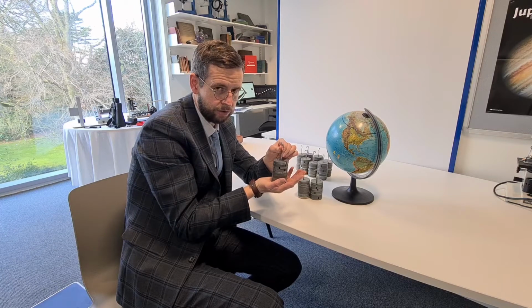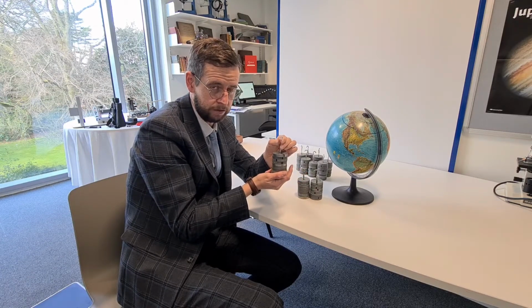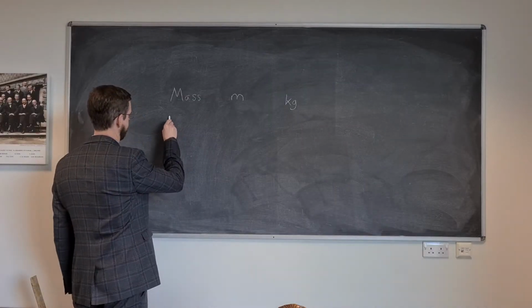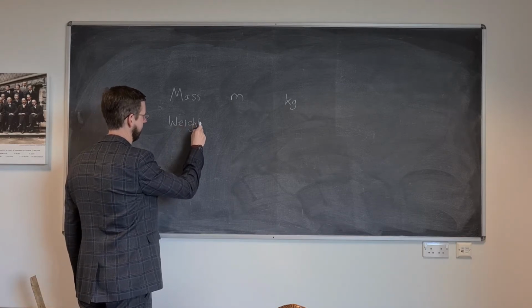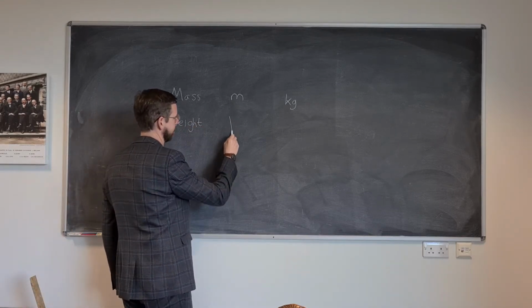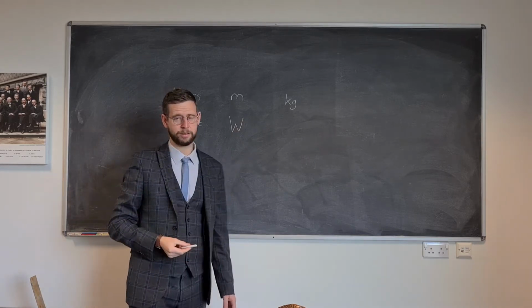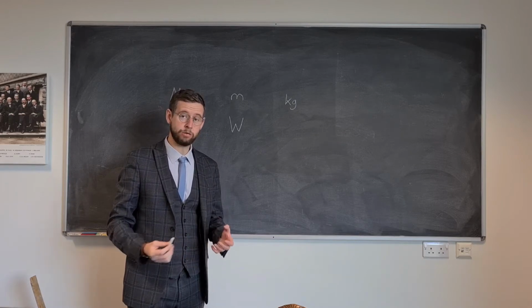So how do we treat weight? How do we make sure that we don't confuse it with mass? Well, weight is given the symbol in physics of capital W, and it is a force. Now, like all other forces, the unit of force is the Newton.